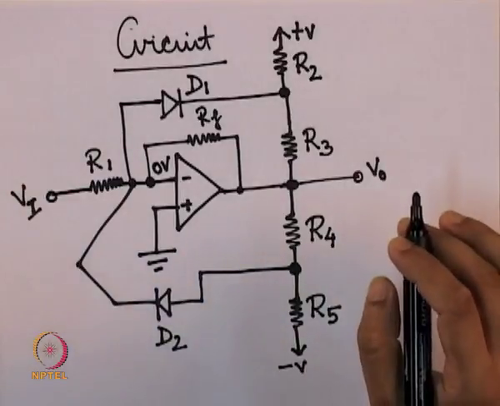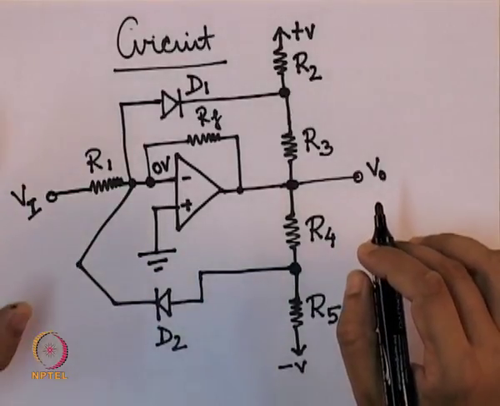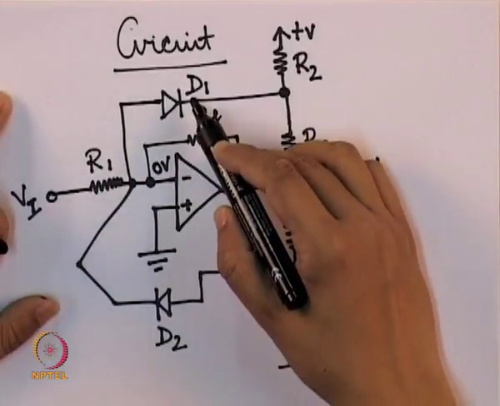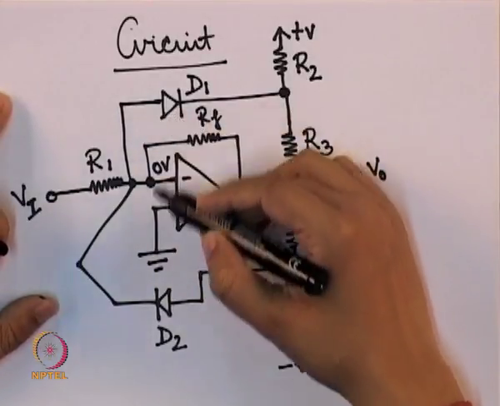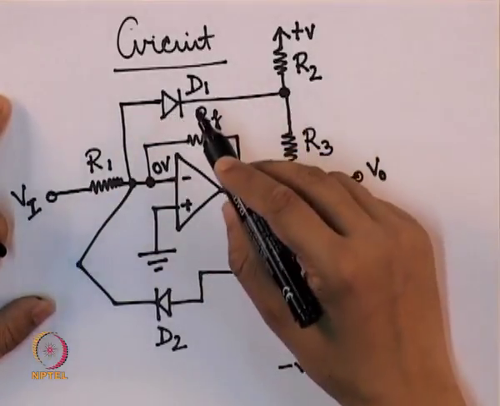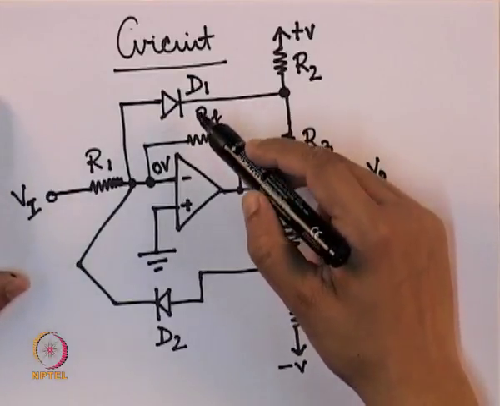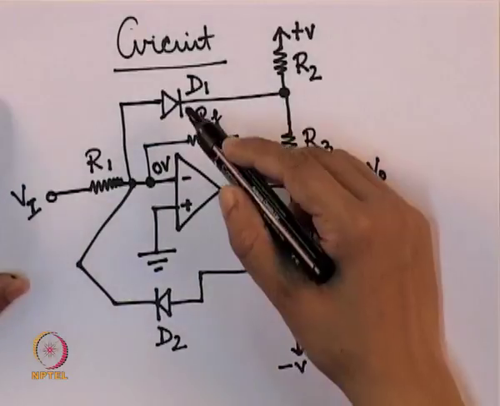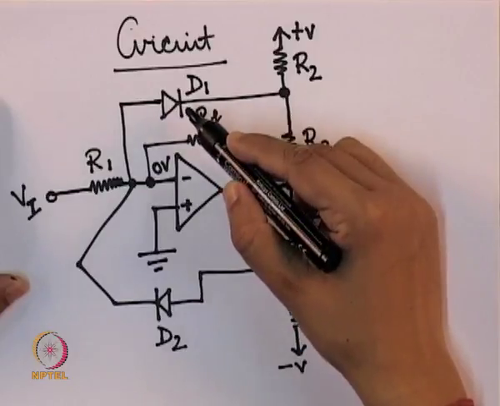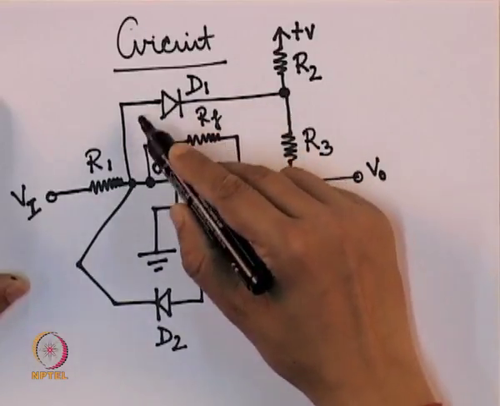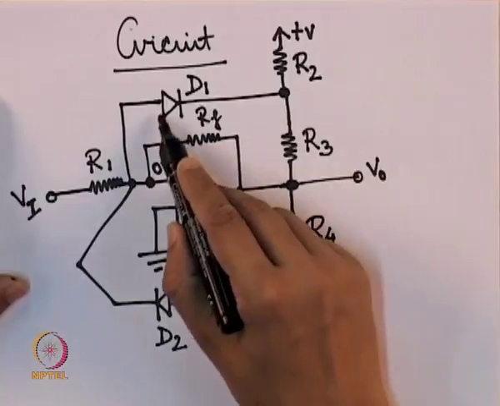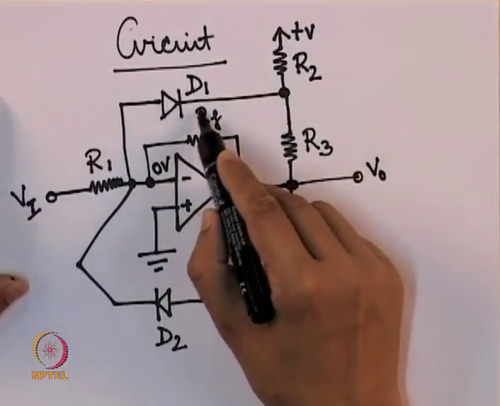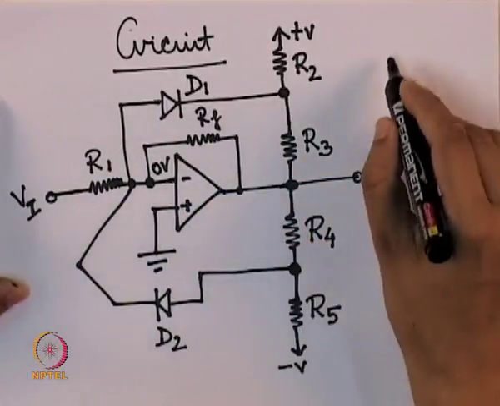Why am I saying that this is a limiter? First of all, note that there are two diodes here. Now, we will discuss the properties of a diode a little later, but for now you can take it that a diode is a device that allows current to pass through it in only one direction.